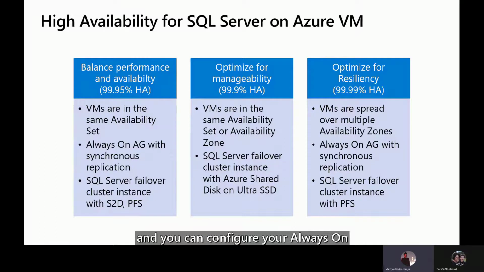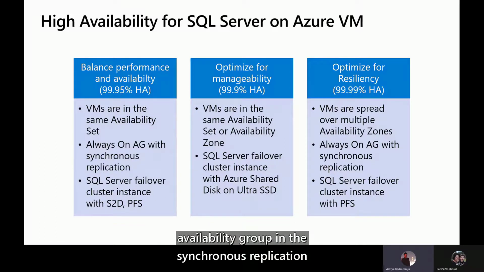You can configure your Always On availability group with synchronous replication, because it will be extremely easy to send the data to the other VM, and you can configure your SQL Server failover cluster instance with S2D or PFS if you are in the same availability set.